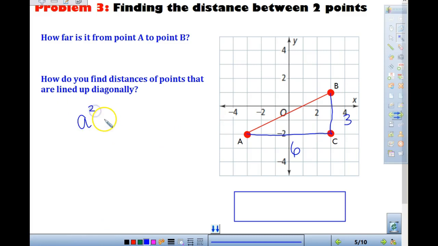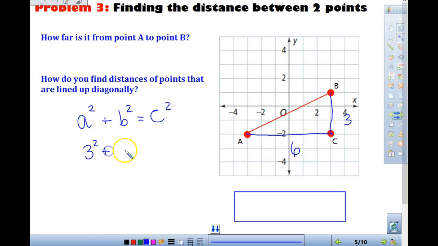And we are going to start with A squared plus B squared equals C squared. And as I take a look at that, Matt, what am I using for A? C. What number would you use for A? 3. 3. So we're going to have 3 squared.